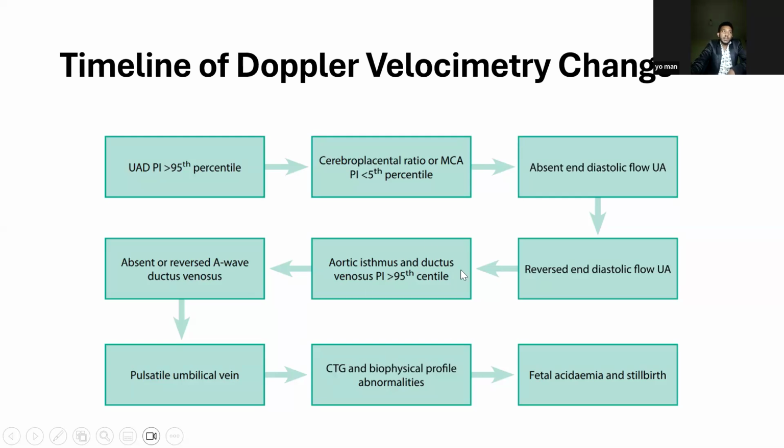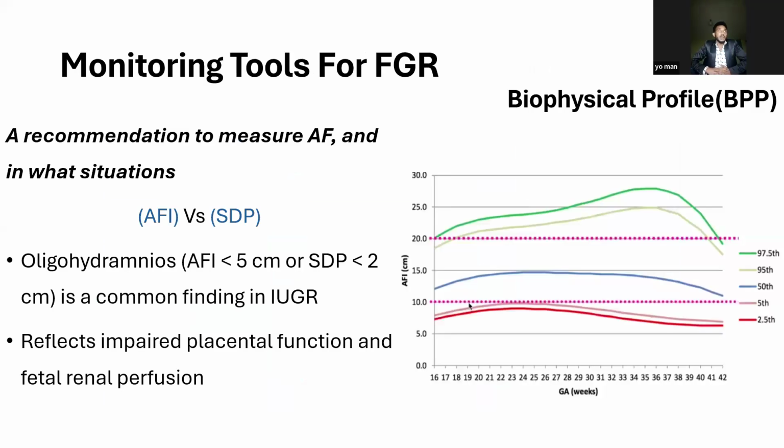The aortic isthmus is usually forward flow, but if you find retrograde flow in the aortic isthmus, that indicates adverse perinatal outcome. Then the umbilical vein, which was a mono waveform, will become pulsatile. After that, biophysical profile change will occur. Finally, fetal acidemia and stillbirth will occur. This is the cascade of changes in FGR.